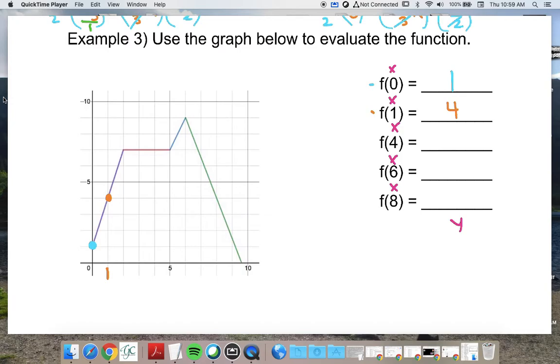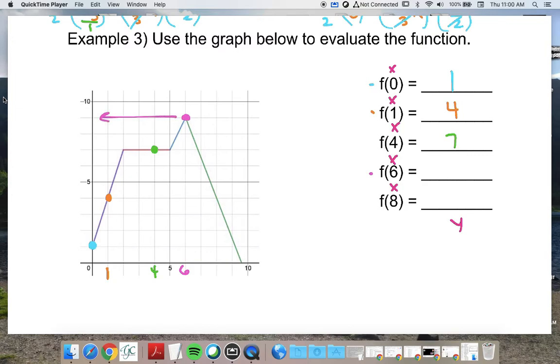Okay, then we're going to find where x is 4, and we're going to see where it hits the graph, right here on that flat segment, and that y value is 7. Okay, then for f of 6, 6 is right here. It hits our graph at the peak right up there.